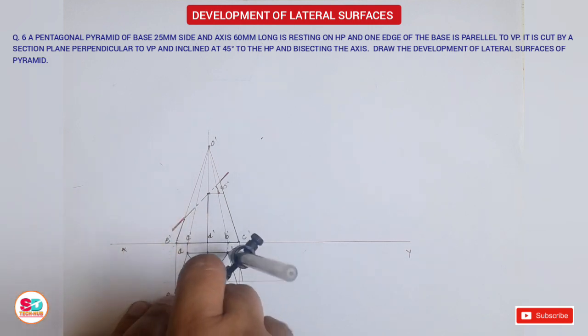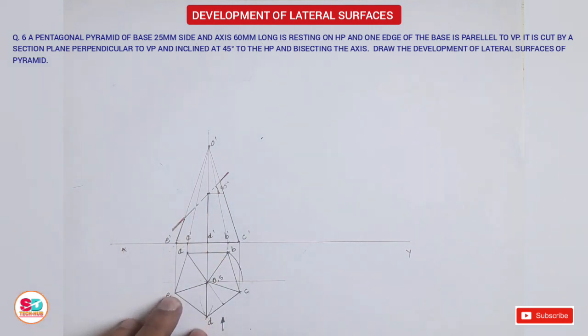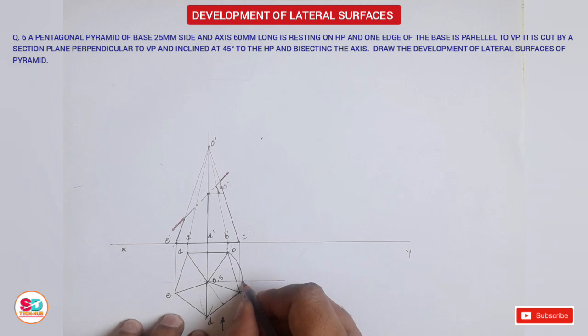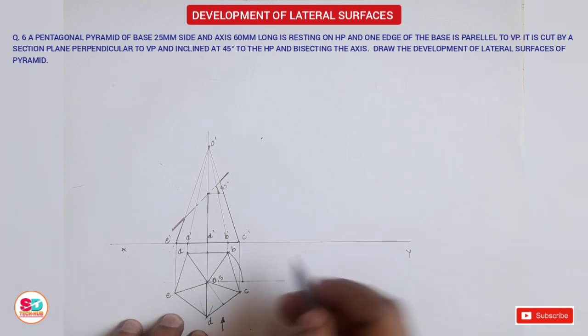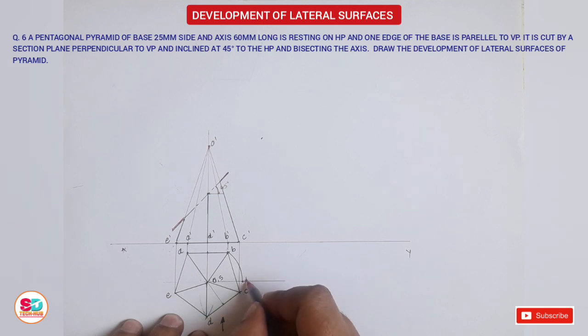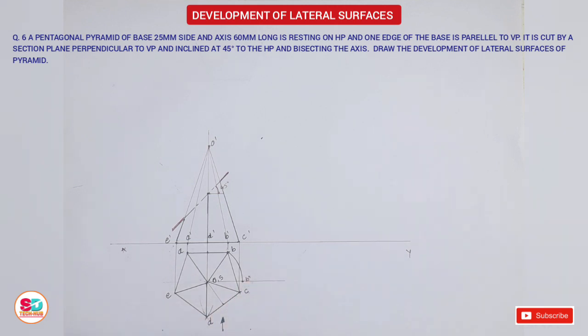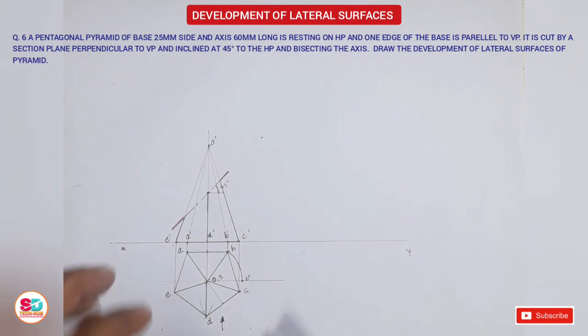Okay, so we have plotted that B point here on the horizontal line. That means we have made that slant edge parallel to the xy line. Okay, so this will be the new position of the B point. Okay, so now this edge is parallel to the xy line. That means it will show the true length of the slant edge.